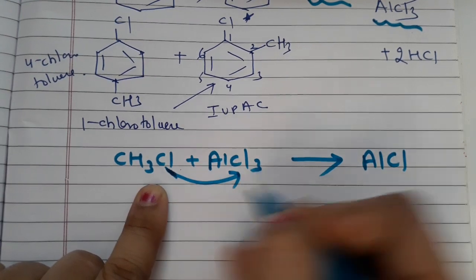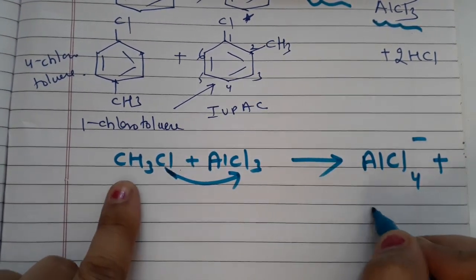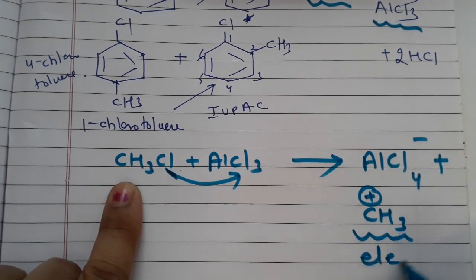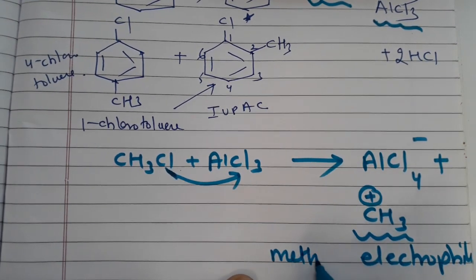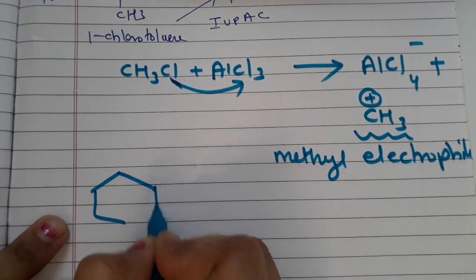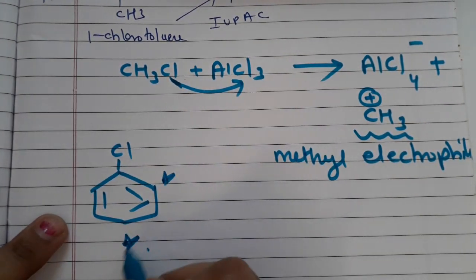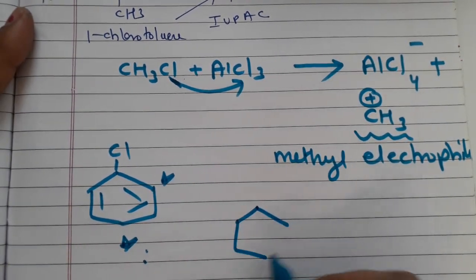It will take away the Cl, so we will get AlCl4 minus plus CH3 plus. Now students, this is the electrophile. It is the methyl electrophile, and this is going to attack at the ortho as well as para position, and hence we are getting this product.